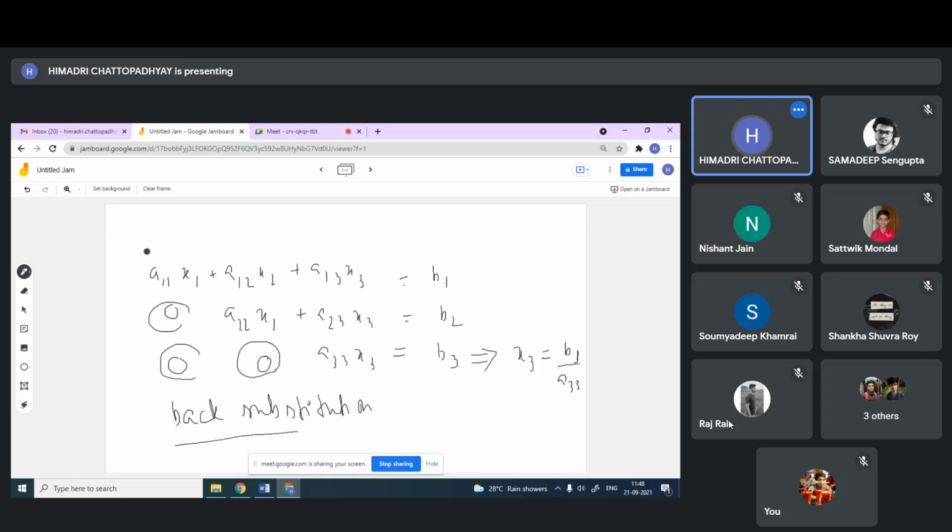First you have x3, you substitute this x3 here, then you find x2. You know now x2, then you know x1. So this way, I'll try to send you some material also, but you can also search, because this is a very well-known method in many books.